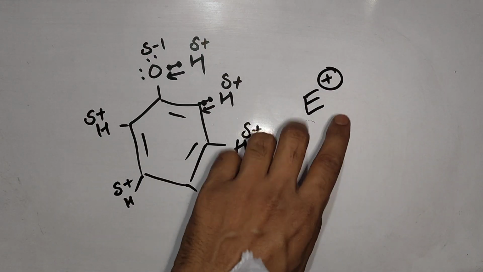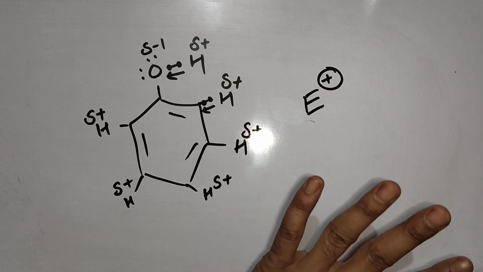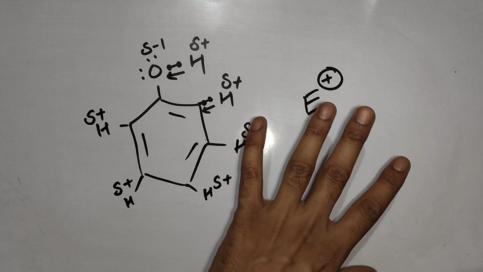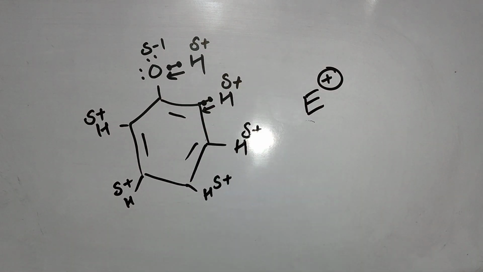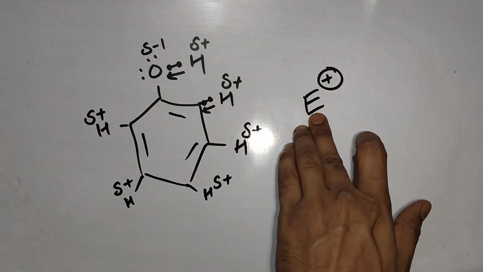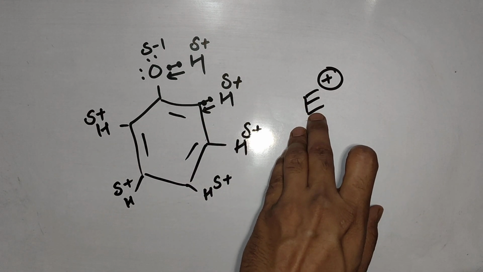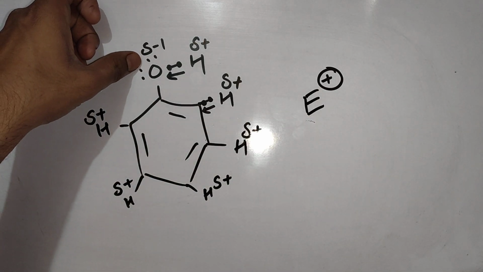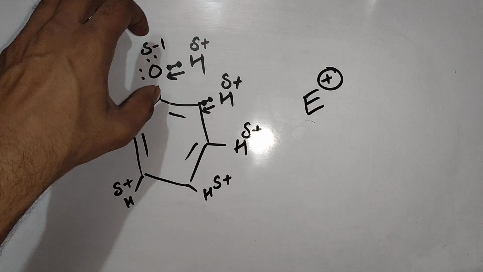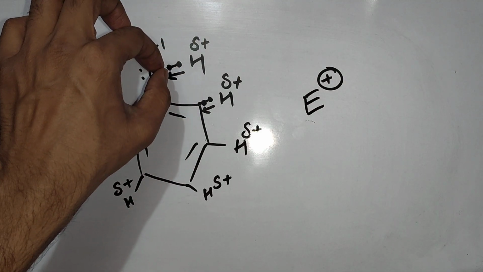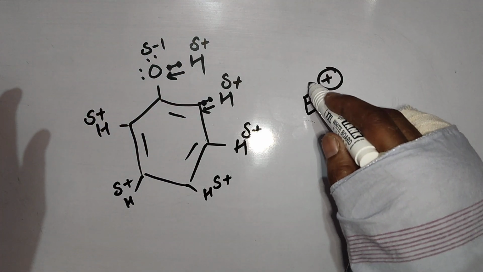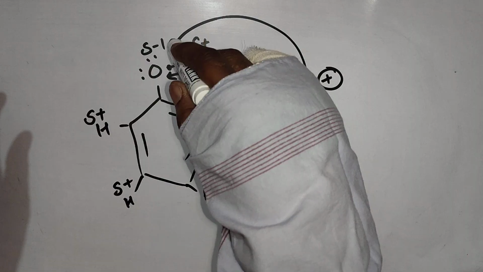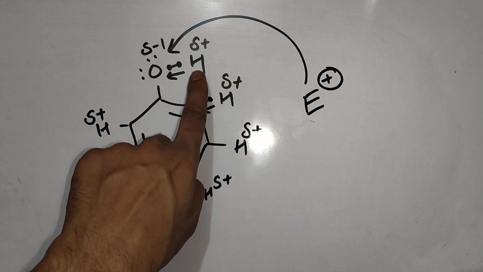So this electrophile needs electron. Now which atom can provide electrons to it? Because it is looking for electron. Let's check. Oxygen is available because oxygen has a lone pair, as well as these electrons are shifted toward oxygen. So the electrophile can attack on oxygen and can replace this hydrogen.